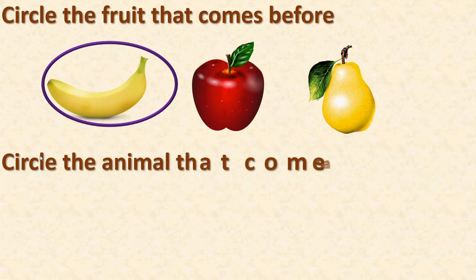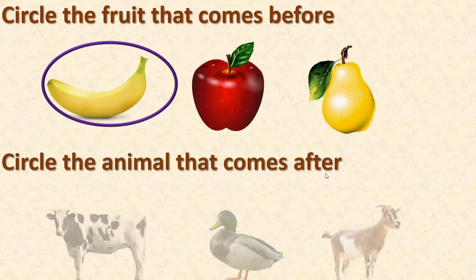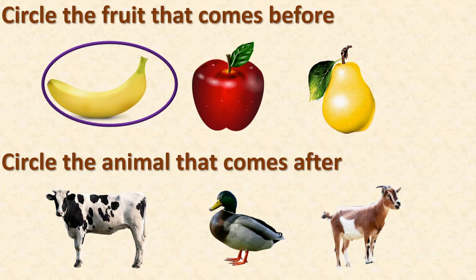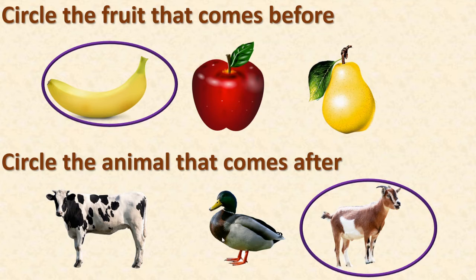Circle the animal that comes after. Yes. Here you can see three animals. Cow, duck and goat. Yes. We have to circle the animal that comes after. Yes, goat comes after this duck. Right? This is before and last here this is after.